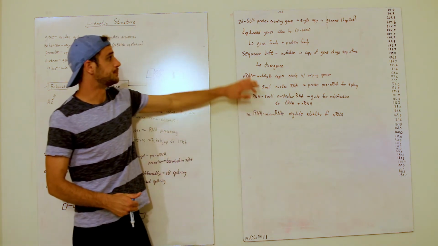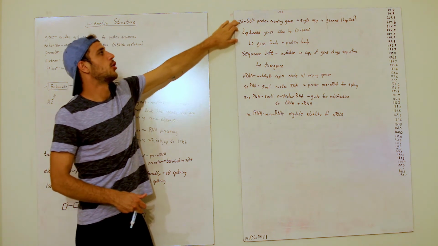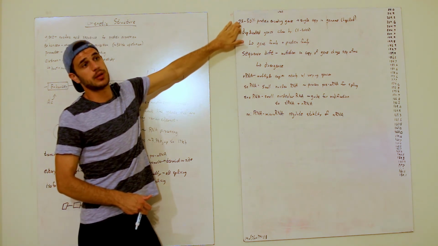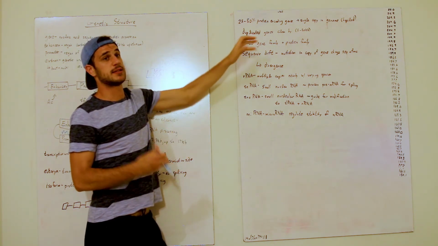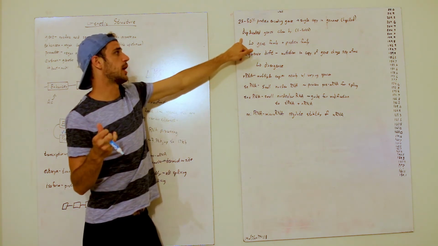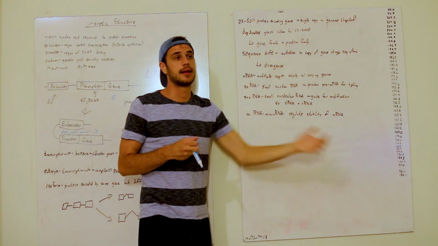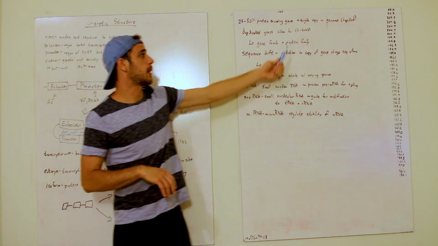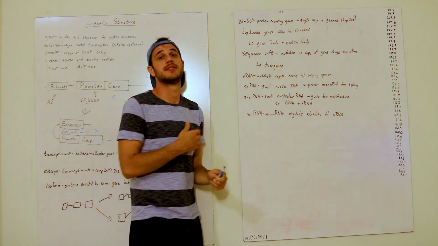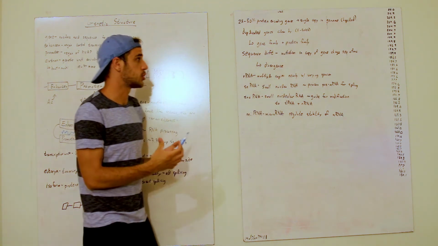But what happens when we have duplicated genes, when the same protein is encoded by two different genes? Usually those duplicated genes are really close by on the haploid cell, within about 5 to 50 kilobases of each other.